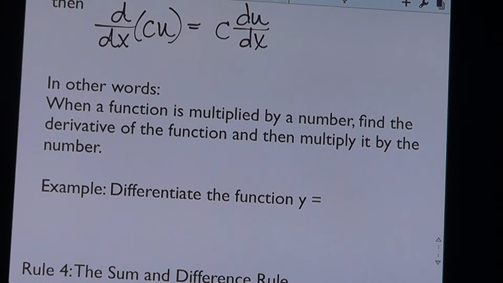So for example, differentiate the function y equals 2x to the third. So that would be 2 times whatever the derivative of x to the third is.